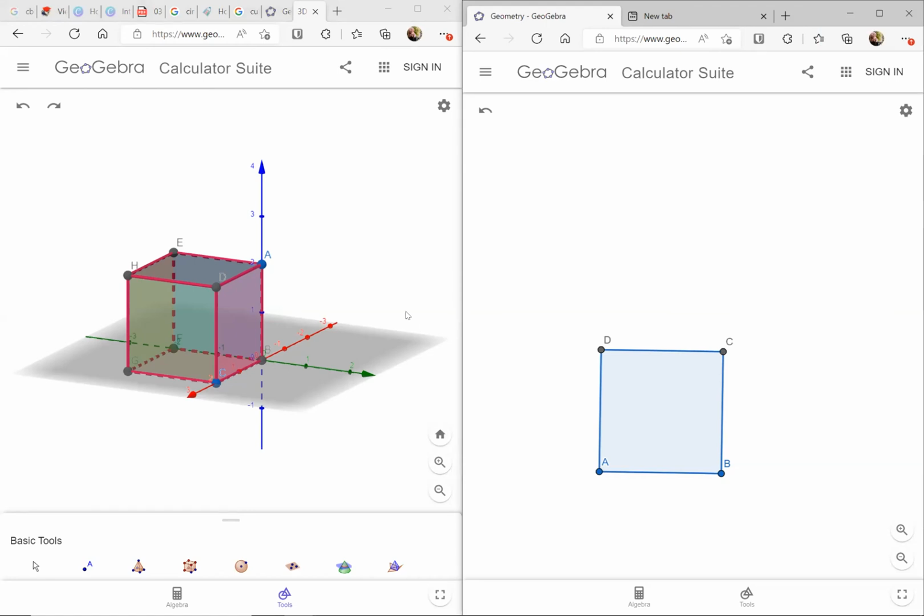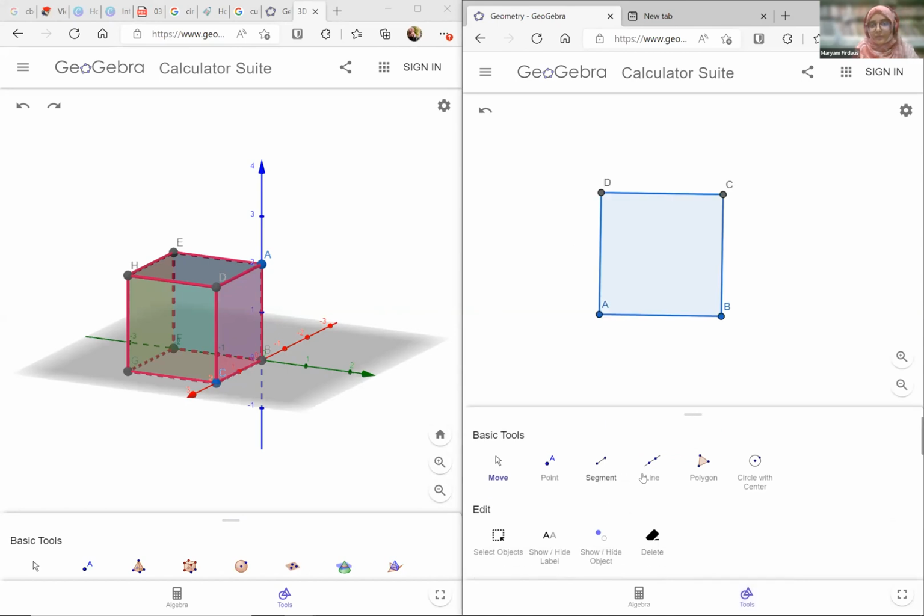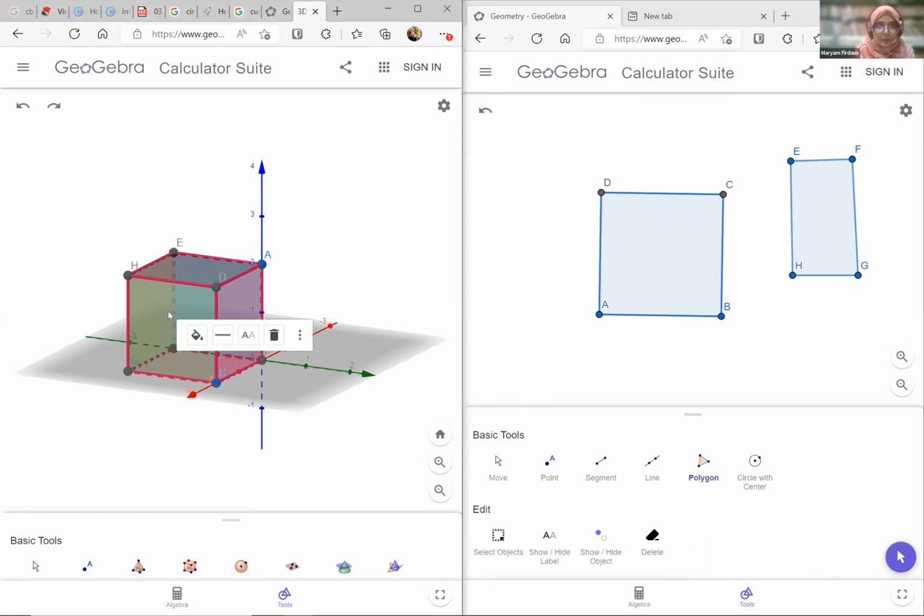Okay. So if I were to change this and if I were to draw a rectangle over here, I'm going to draw a rectangle. So this is a rectangle, and let's say I draw another shape over here.